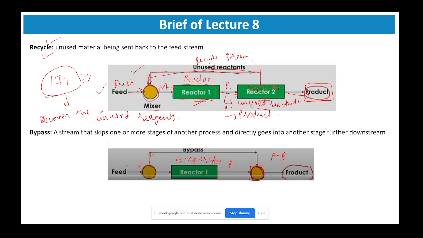So we remove some part of the original diluted juice, concentrate the rest, and then mix both the concentrated and the original fresh juice. In that case we are trying to maintain the taste of the juice. So this is one example where we observe bypass, and there can be many more systems where we observe it.